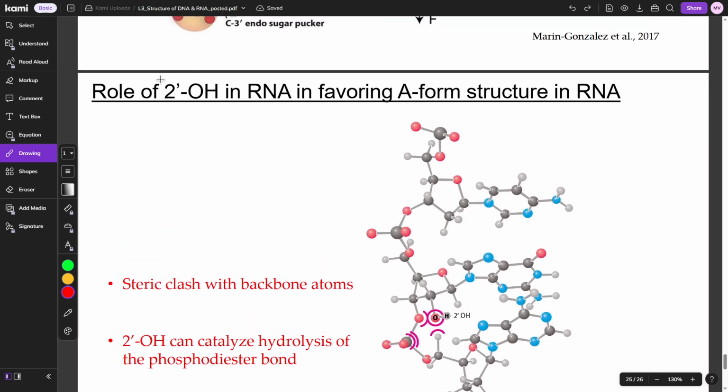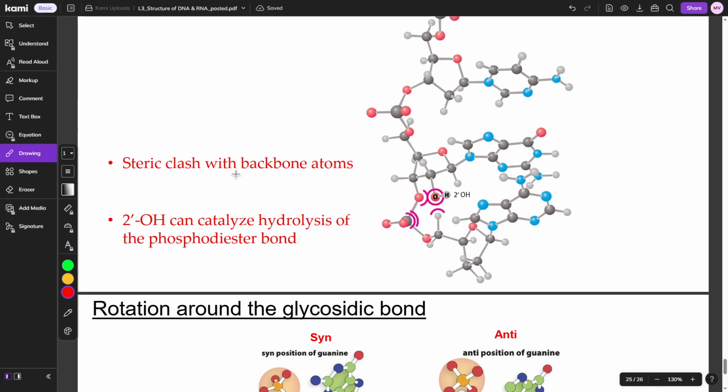But this is exactly what I was talking about. Role of 2' OH in favoring the A form structure: steric clash with the backbone atoms. So you can see here an example of this. This gray thing here is the phosphate with these O's, and it is clashing with this 2' OH on RNA.